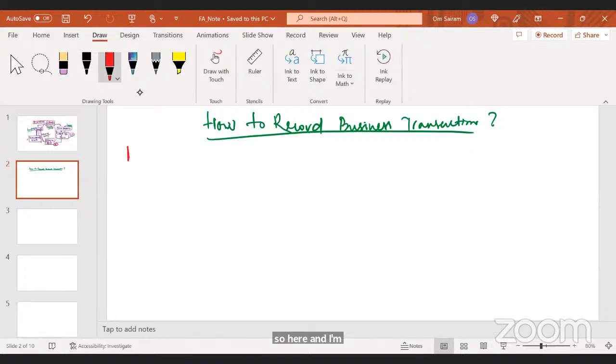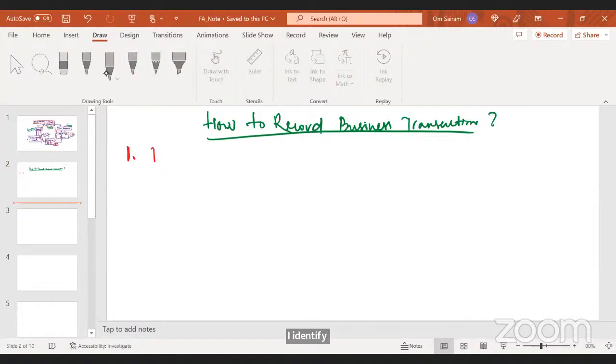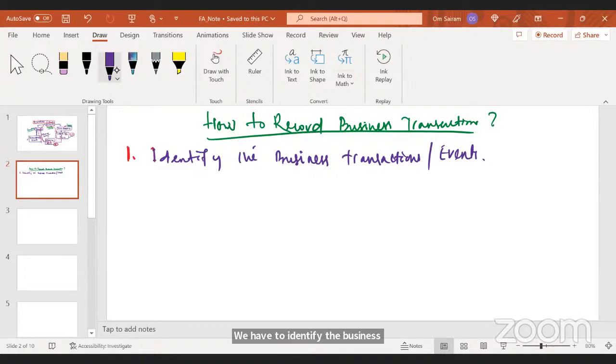So here I am writing the steps. Step number 1: the first step is to identify the business transactions and events. We have to identify the business transactions and events.